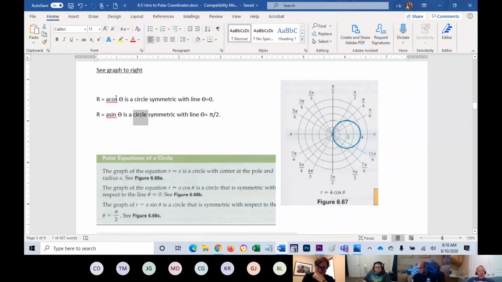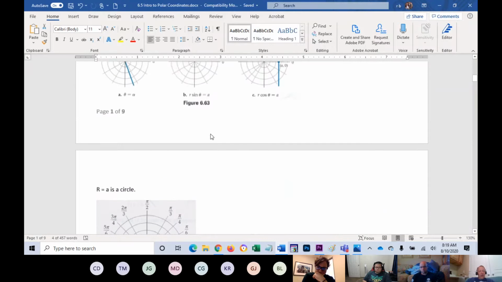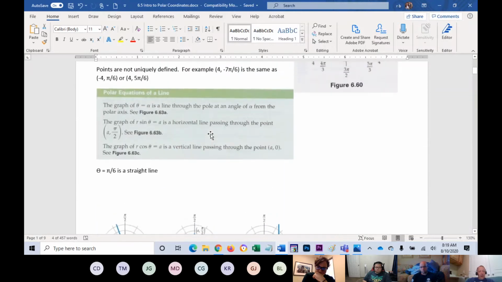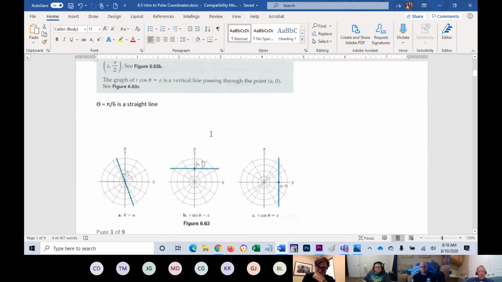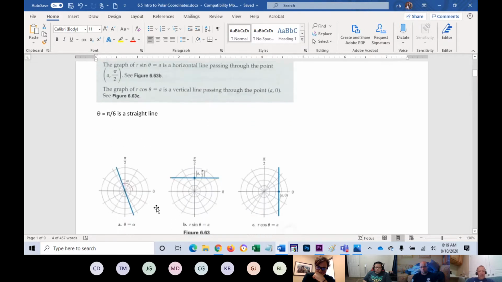The one thing I do want to focus on, remember, this is r equals a cosine theta, and it's a circle. Remember, when we went back here, the r and the a were flipped. r sine theta equals a is a straight line.